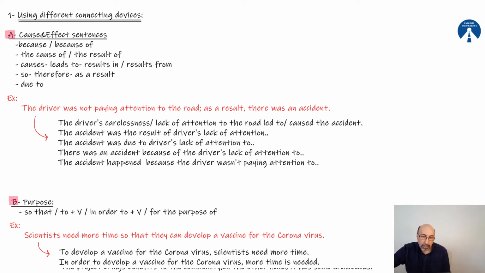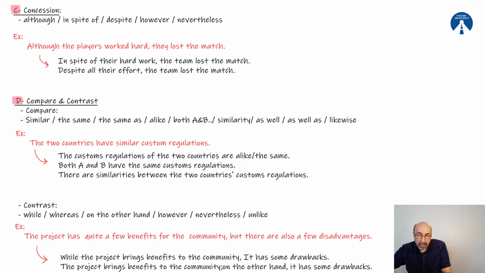If you have a sentence with although, which is a concession, you can perhaps change that using in spite of, which is a preposition, or despite, followed by, again, a noun, gerund, or a noun clause. So thereby changing the structure of the sentence.